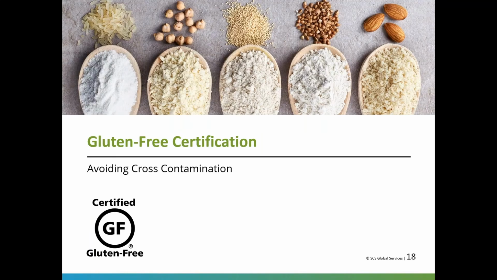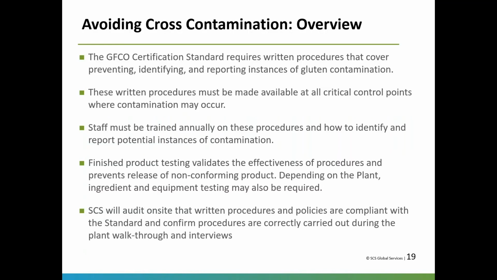So let's get into avoiding cross-contamination. There are just some general things that I wanted to go over before I provide some examples of sources of cross-contamination. First of all, the standard requires written procedures that cover preventing, identifying, and reporting instances of gluten contamination.